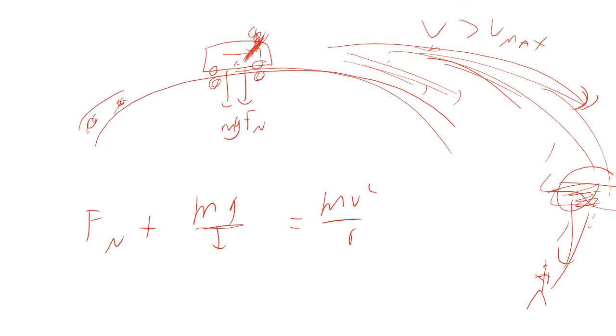But that is the basics of going over a hill and centripetal force. So in this video we had three different sorts of things. We had the basic theory behind it.